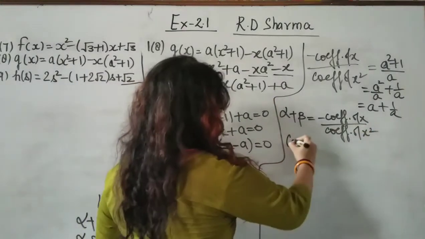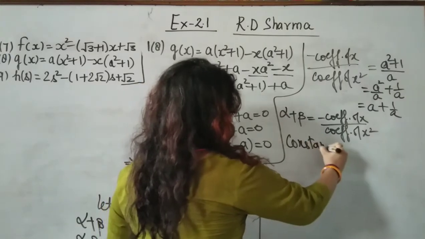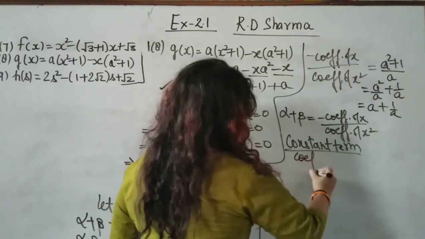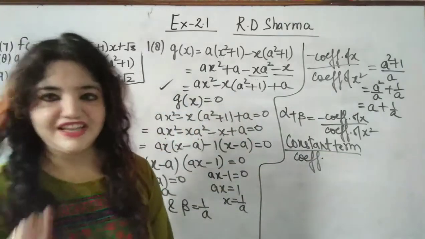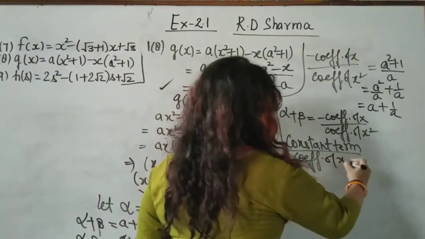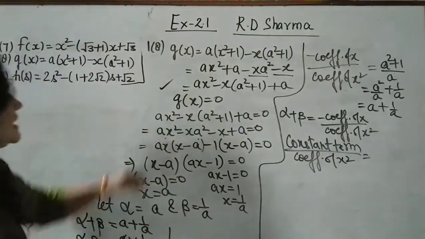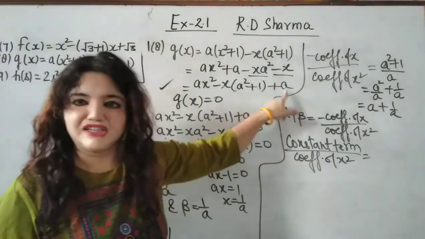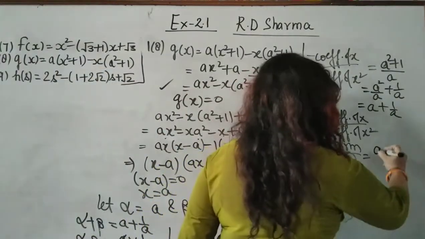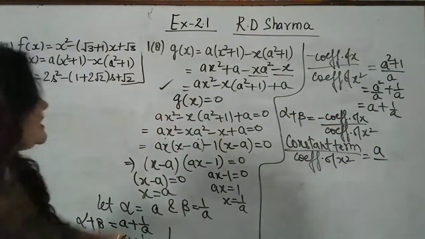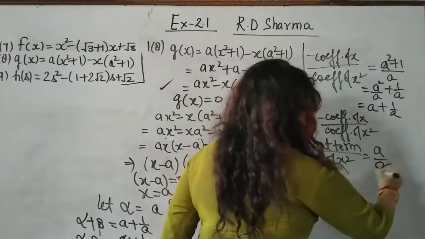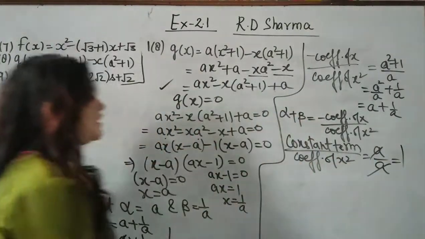And now constant term upon coefficient of x square. We will check for constant term upon coefficient of x square. So what is the constant term? हम अपने स्टैंडर्ड फॉर्म इक्वेशन में चेक करेंगे. What is the constant term? a. So a upon coefficient of x square. What is the coefficient of x square? This is a. So a by a, that equals to 1.